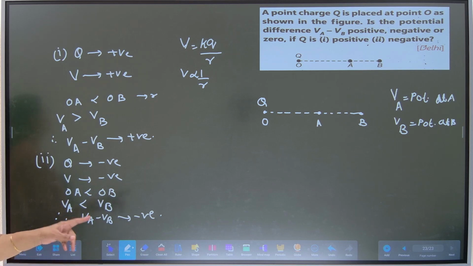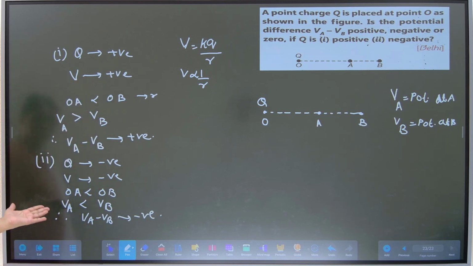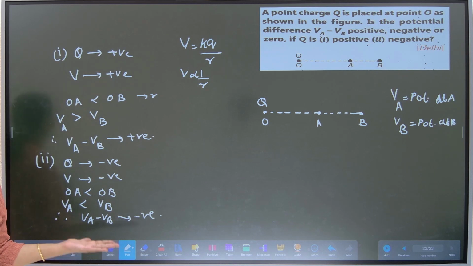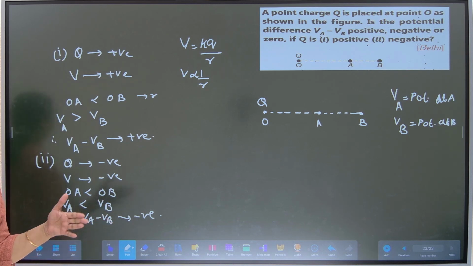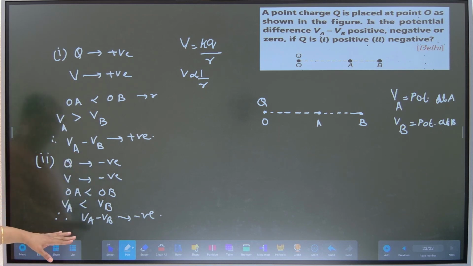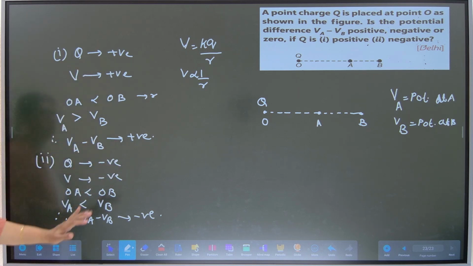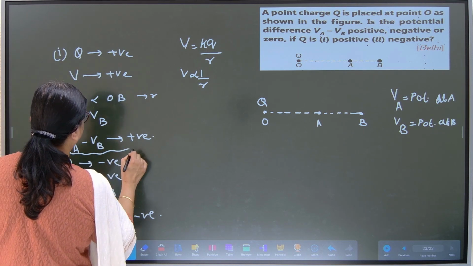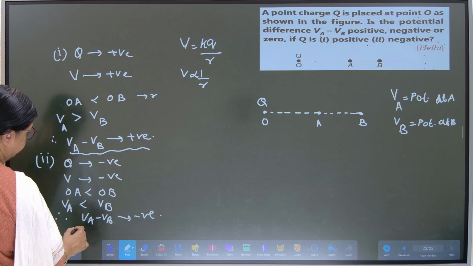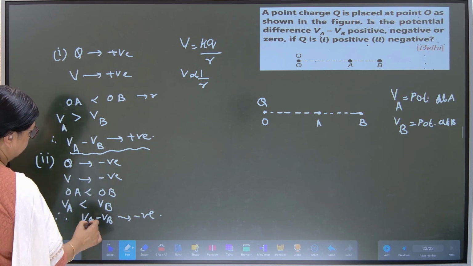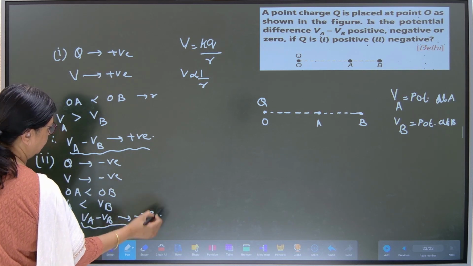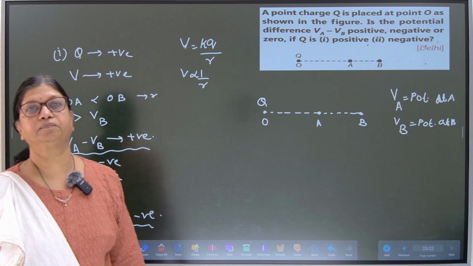If I get a negative answer for the potential, then a negative answer is definitely going to be a lesser number, and a positive one a greater number, a higher number. Agreed? So this is what we get: when Q is positive, VA minus VB is also positive, and when Q is negative, VA minus VB is negative.